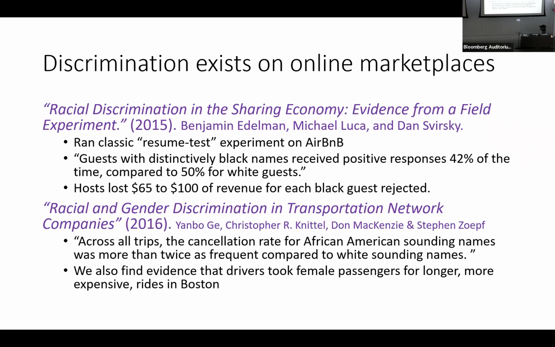And so I think both of these papers, and now there's a host of papers documenting these types of things on various platforms. Unlike the online advertising case, this is very clear where this is coming from, right? In this case, discrimination is coming from the host or from the driver. It's the people on the other side who are discriminating, potentially illegally.